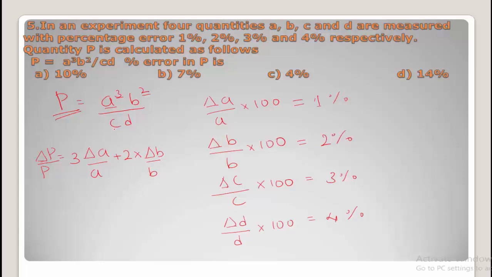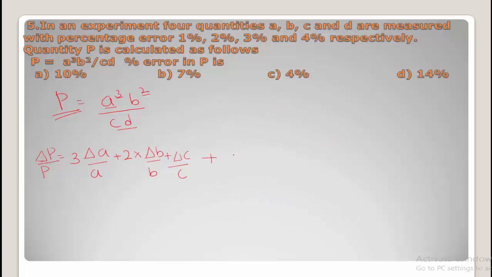And it is the ratio of CD, isn't it? So plus delta C by C plus delta D by D. So this is the formula to find the relative error in P. The formula becomes delta P by P, that is the relative error, equal to 3 into delta A by A plus 2 into delta B by B plus delta C by C plus delta D by D. To find the relative error, we have used this formula.